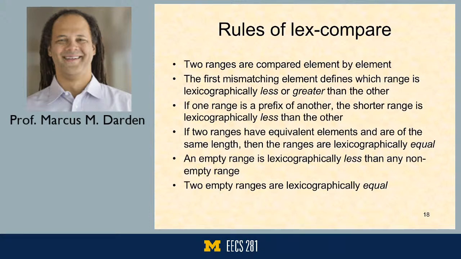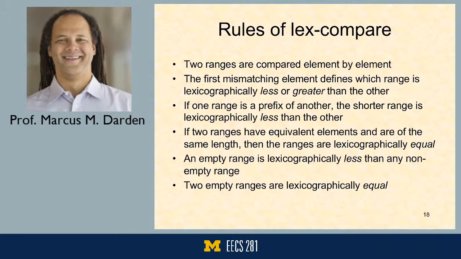If one range ends up being a prefix of another, meaning all of the items in one range are at the beginning of the other range, then the shorter range will end up being the one sorted first. If they're completely equal in prefix and length, then that's where we get our 0. And in that case, we would say that either one of them could end up first.